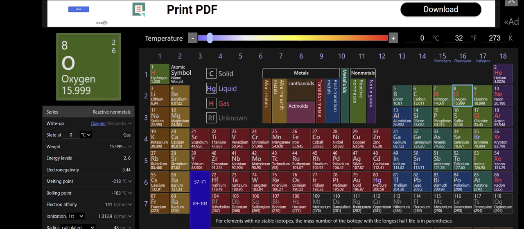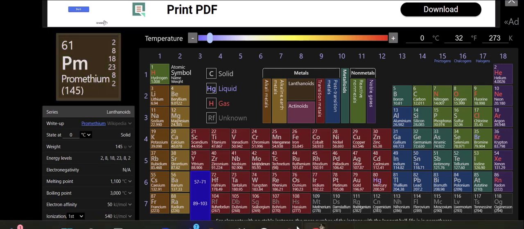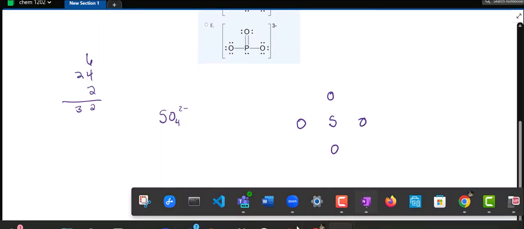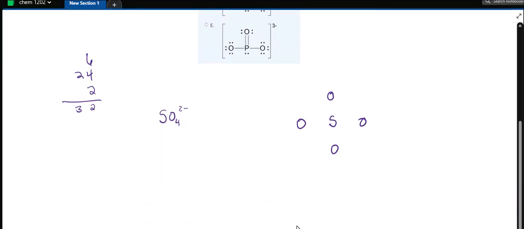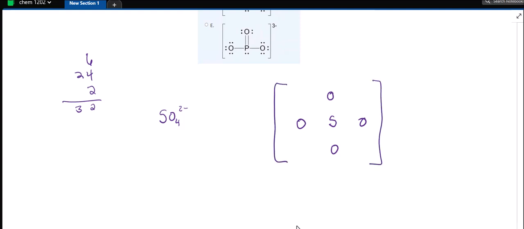Oxygen can only have 8 electrons because it's only in row 2. It does not have those d orbitals to expand into, but sulfur can. And we know that our total ion has to have a charge of 2-. So I will have bonds like that.